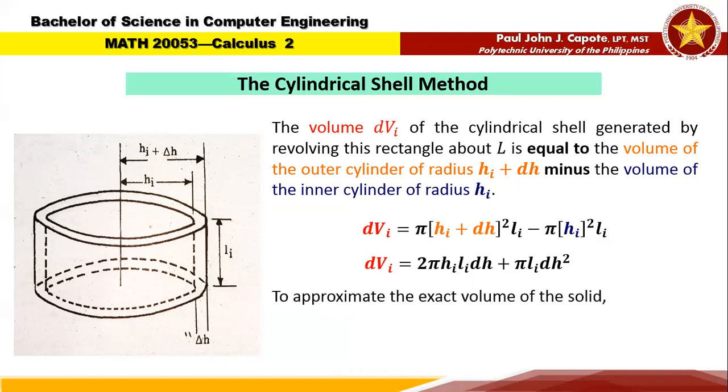Now, to approximate the exact volume of the solid, we need to get the limit of the summation of these volumes of the n cylindrical shells.